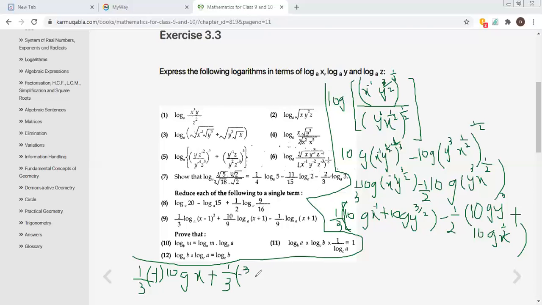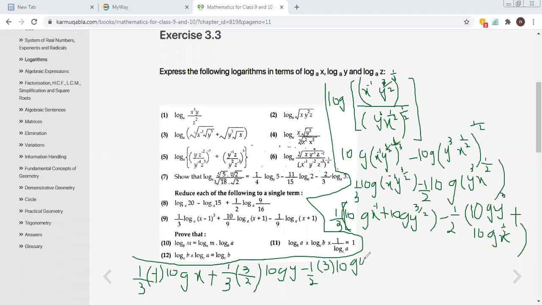Aisha, are you getting my point? Yes, miss. And then we will write log of y. Here, 1 upon 2 will be multiplied by the second bracket, and y raised to the power cube will be written in product form like this, and log of y.